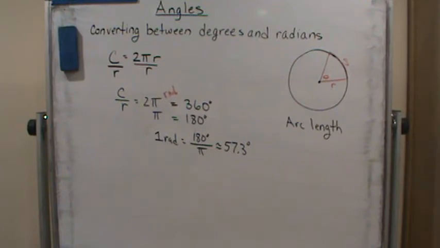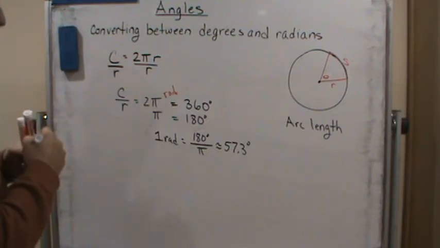Just as the full circumference of a circle always has a constant ratio with the radius, the arc length produced by any given angle also has a constant relation to the radius, regardless of the length of the radius.